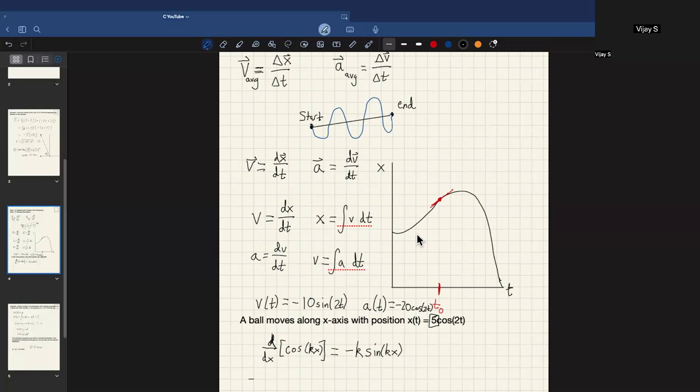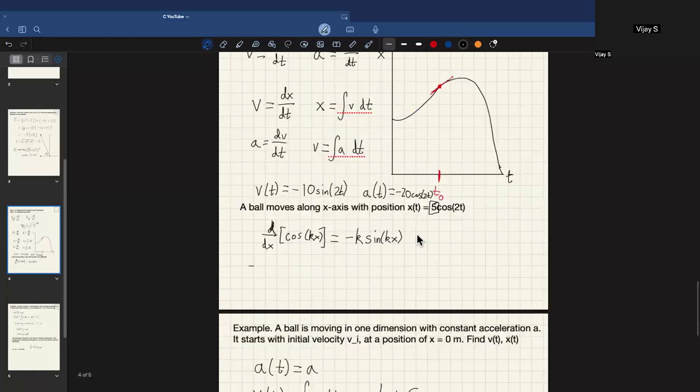So you can still say that displacement is the area under the velocity-time graph, but we typically just say that's the integral of the velocity with respect to time. Likewise, you could still say that velocity is the slope of the position-time graph, but we tend to just say it's the derivative of position with respect to time.